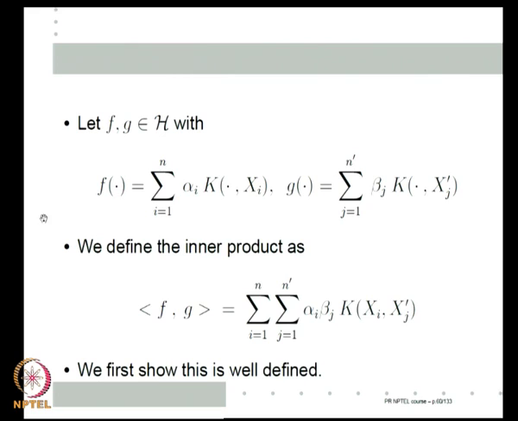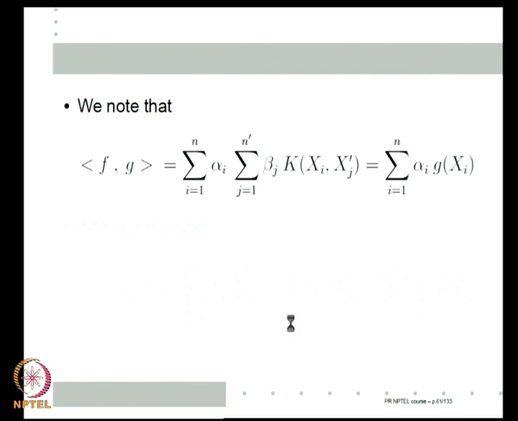If I put f1 plus f2 here, I will get some alpha i k dot xi plus some gamma j k dot some x bar j. Accordingly they come in the summation. So, f1 plus f2 comma g will be f1 comma g plus f2 comma g and so on.